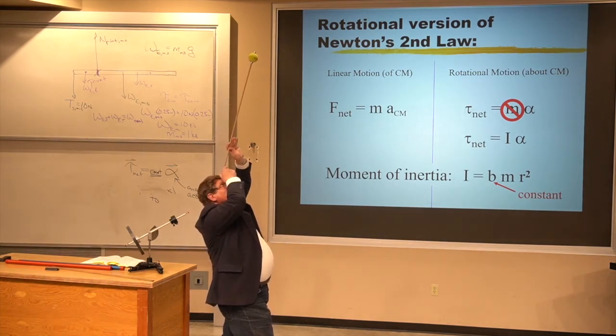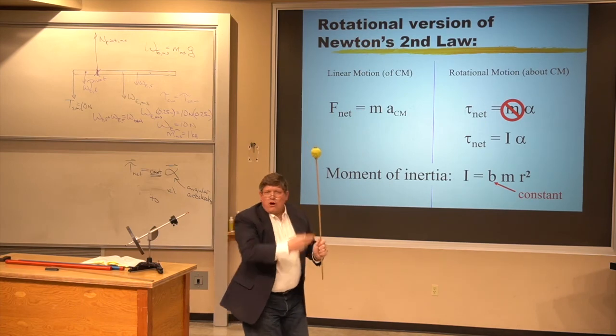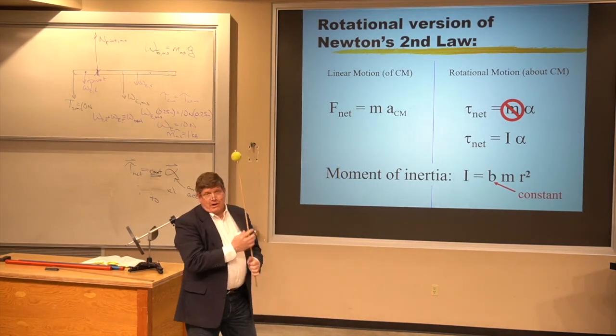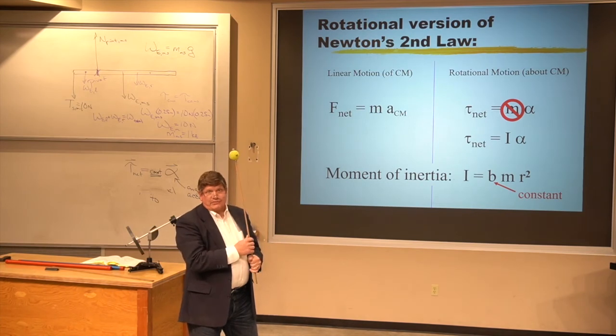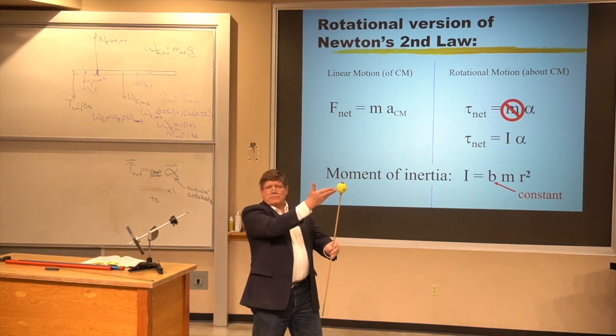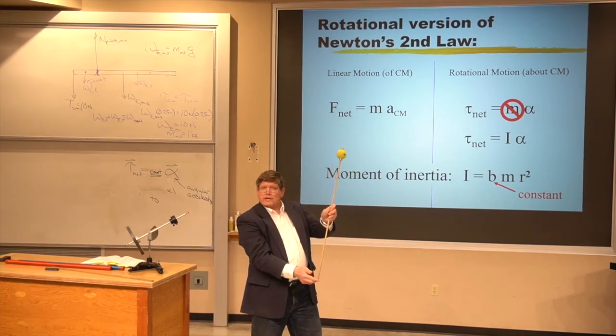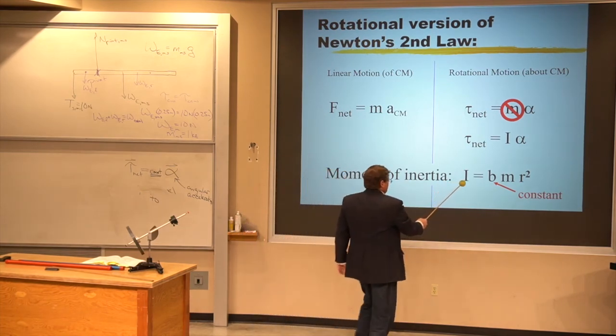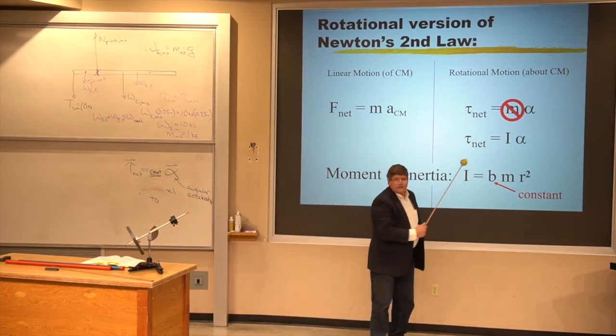Okay? Now, the longer the pole, the scarier this looks. But the longer the pole, the easier it is to balance that kid brother. And that's because the further I can get the mass away from the axis of rotation, the bigger the moment of inertia, and hence the harder it is to rotate.